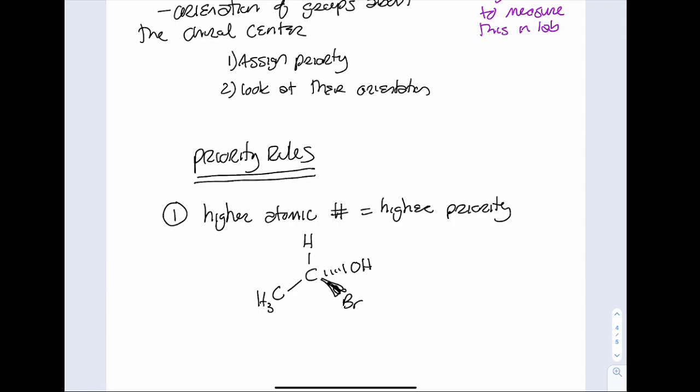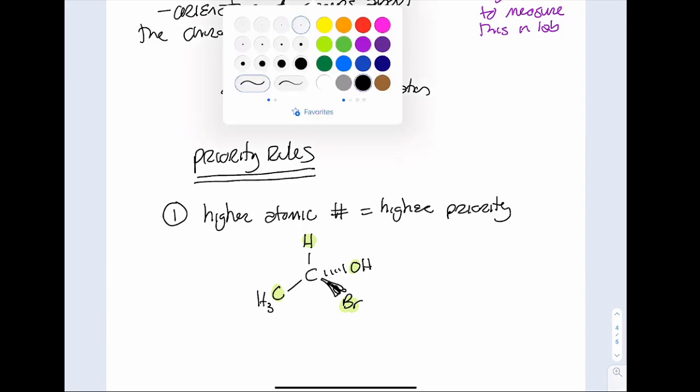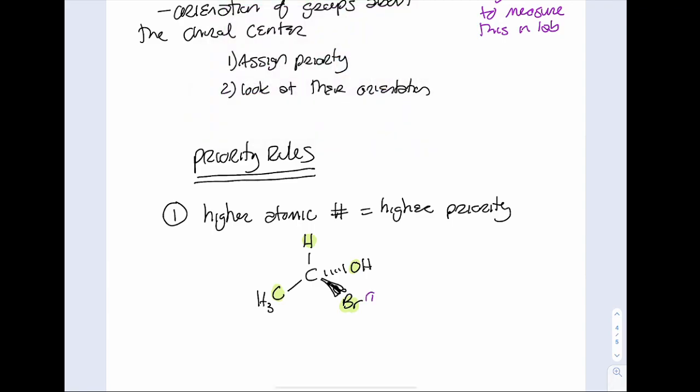What I'm comparing in this case, I'm looking directly to see what it's bonded to. So I'm comparing a hydrogen to a carbon to a bromine to an oxygen. And bromine has the higher atomic number, right? And we would just get this off the periodic table. Oxygen is going to be my second one. Carbon is going to be third, and then hydrogen, it has an atomic number of 1, it's always going to be my lowest priority group. So the higher the atomic number, the higher the priority. I'm making the highest priority number 1.